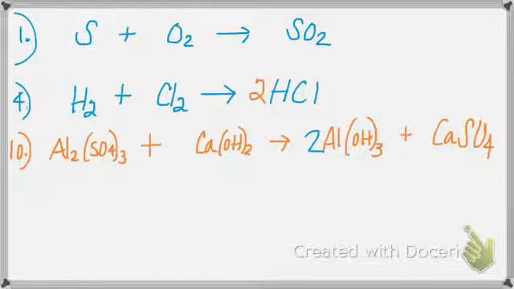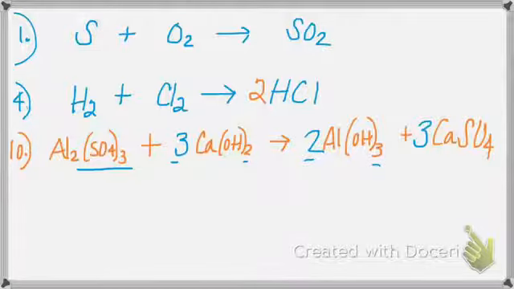But now I'm looking at this right here, and I see that I have 3 sulfates. And remember, if I treat sulfates as a polyatomic, same on both sides, that means I'm just going to put a 3 right here. And then what did that do to calcium? It made calcium out of whack. So now I'm going to put a 3 in front of calcium, and then look what that did for my hydroxides. 3 times 2 is 6. 2 times 3 is 6.